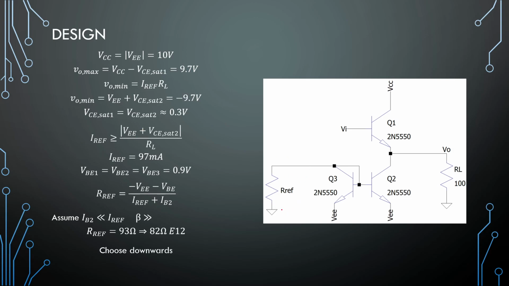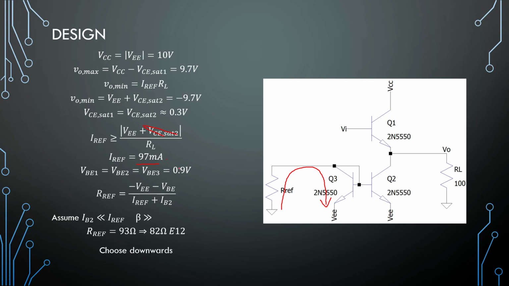Our reference current, so the current we need to pick in here, would be our VEE plus our V saturation over our load resistor, and that will work out to 97 milliamperes, which is close to the 100 that we had originally. Most people will just ignore the saturation in any case and get 100. So there's nothing wrong with removing the saturation and just over designing this a little bit.